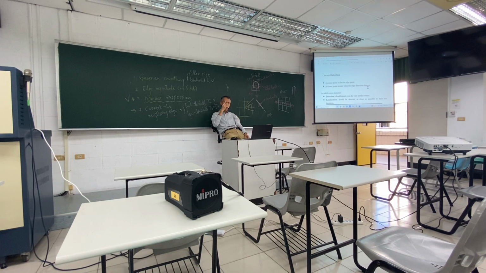Now, how are you going to define a corner? If you look in the dictionary, you cannot find any, and mathematically there's no way you can easily define a corner. But when I say corner, you always know what I mean, right? But mathematically, how do you define the corner? It's a tough question, right?